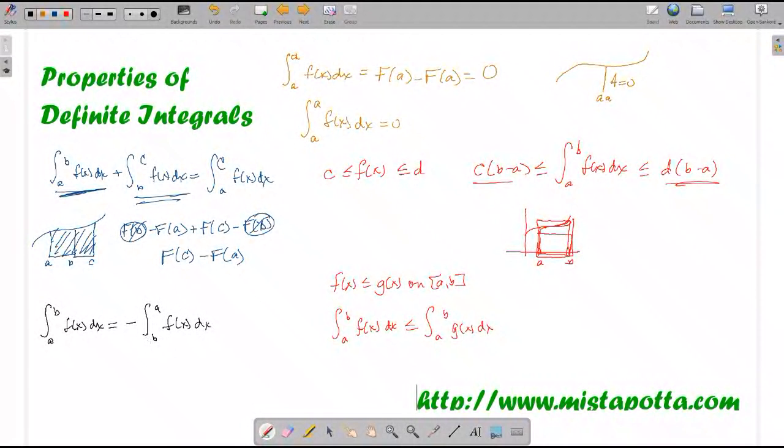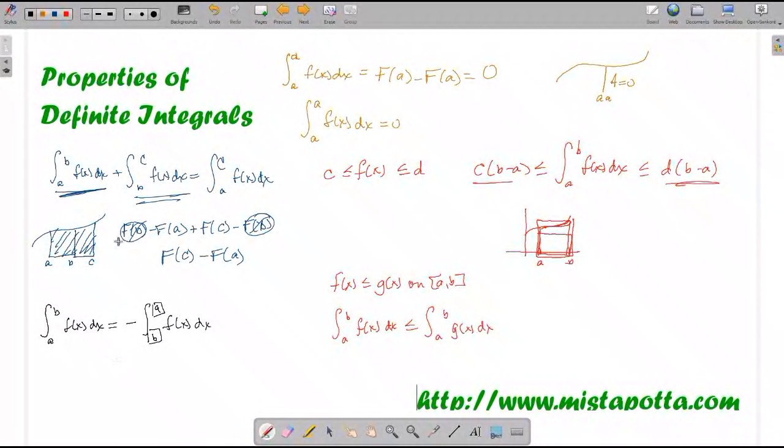In other words, by exchanging these values, by changing the upper limit and lower limit, then I end up with the opposite value.